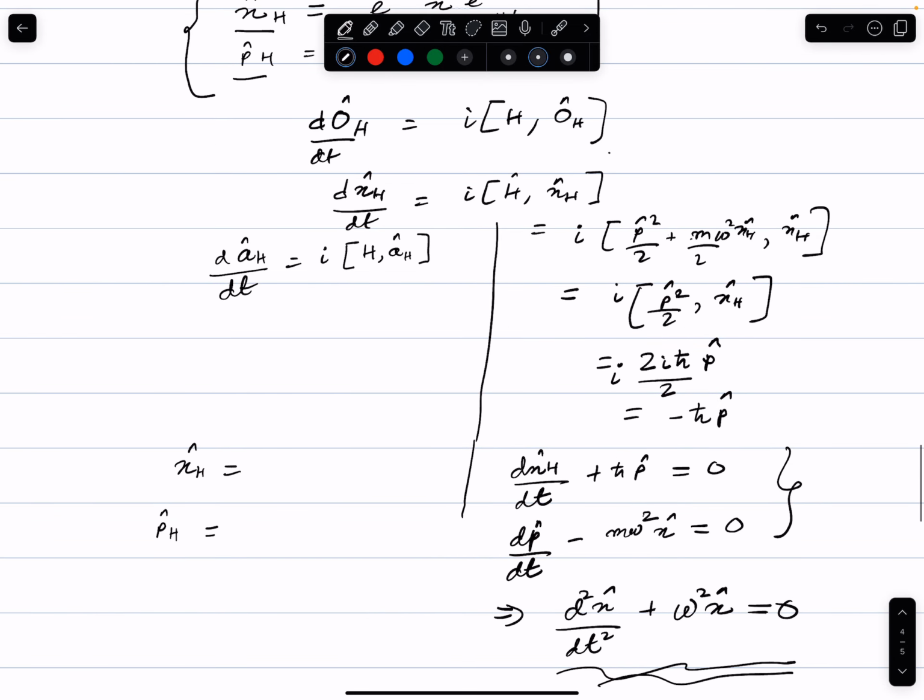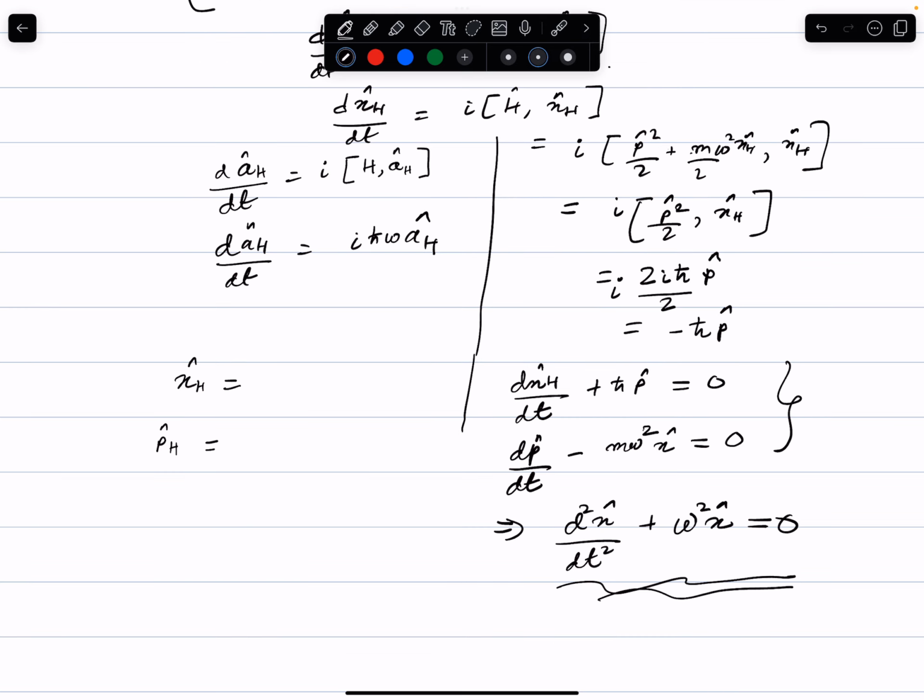So we have dAh dt is i h omega ah, and so then you can solve this differential equation to get ah equals e to the power i h omega t, and similarly the other one, a dagger.